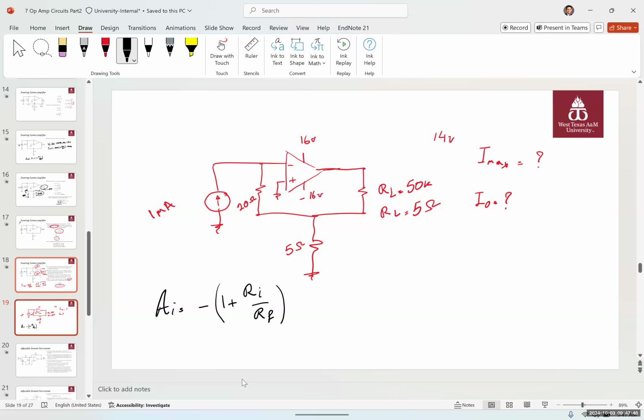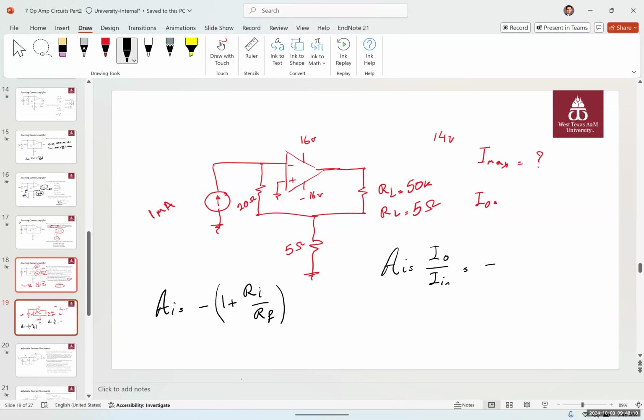First thing, what is the output current? I'm sorry, are you asking for IMAX? No, the I out, the output current. So what is AI? It's the output current ratio to the input current ratio, yes.